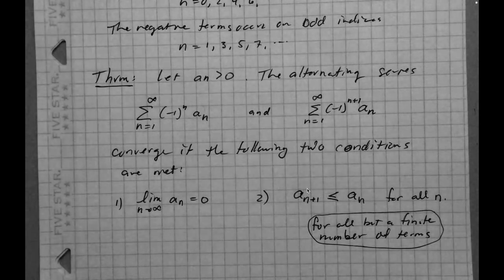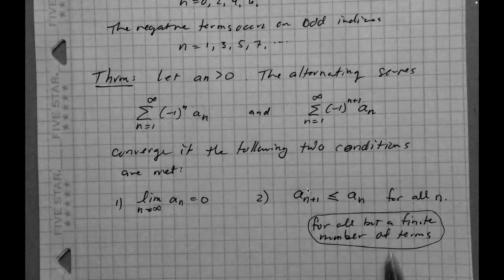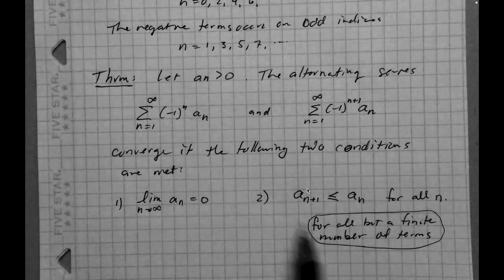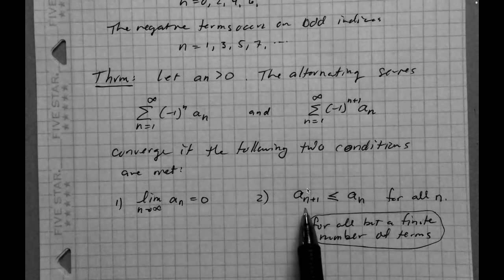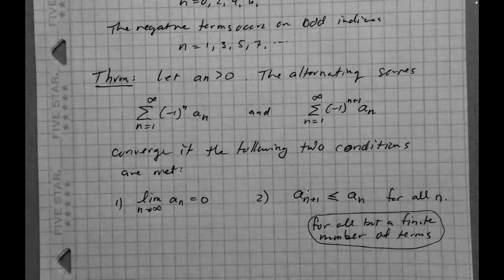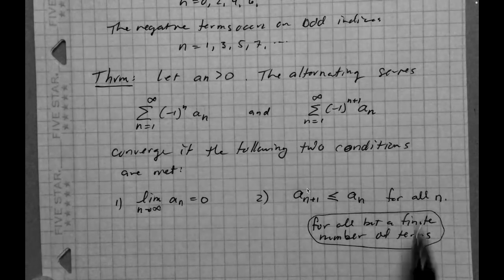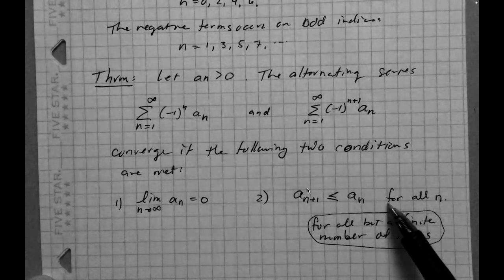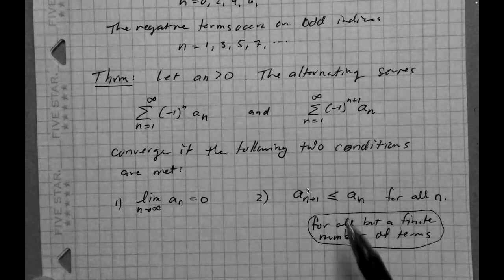Namely, it's okay if the first 4 terms don't satisfy this condition, so long as every term after the 4th term does. Or it's okay if the first 50 terms don't satisfy this condition, so long as the 51st and on all do meet this condition. So that's what we mean by for all but a finite number of terms. More concisely, we say for all n, but keep in mind that this is a little bit flexible.